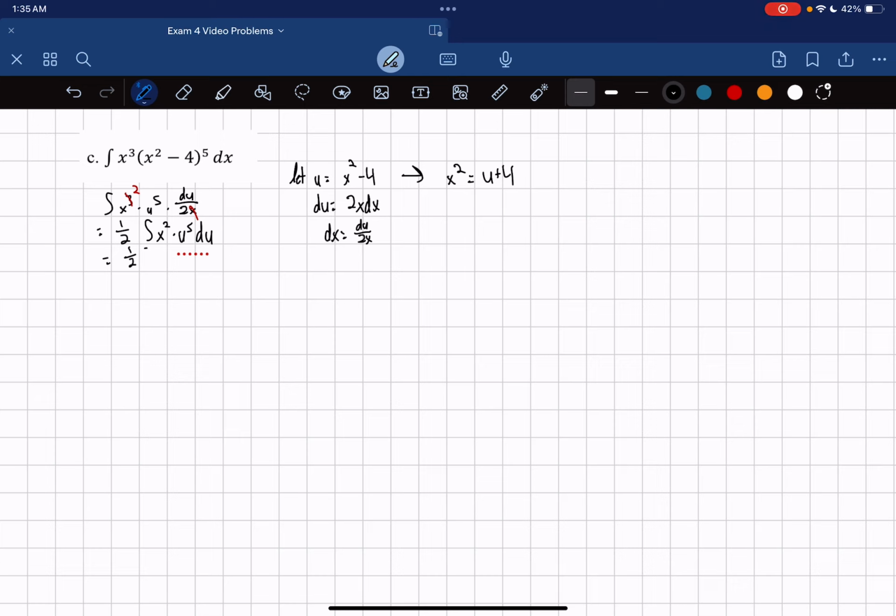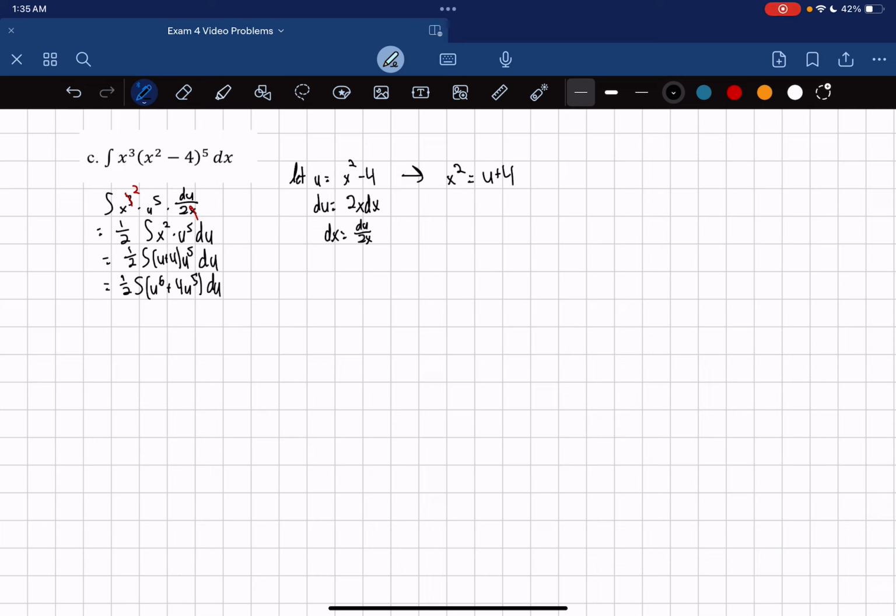Implement that back into our equation. We are left with u plus 4 times u to the 5th du. We can then simplify that by using the distributive property: u to the 6th plus 4u to the 5th du.